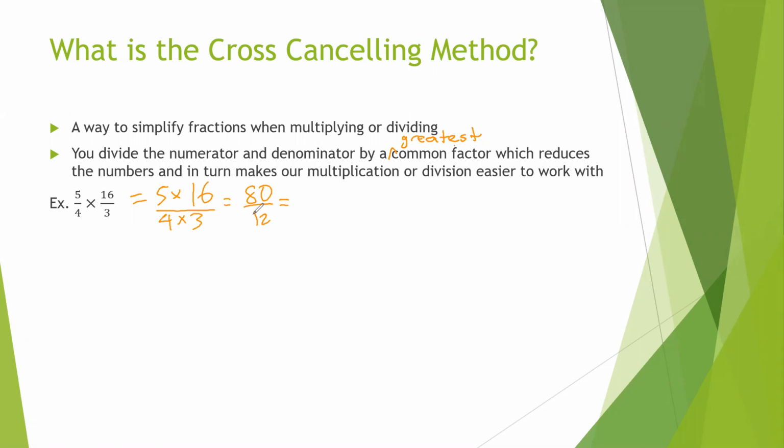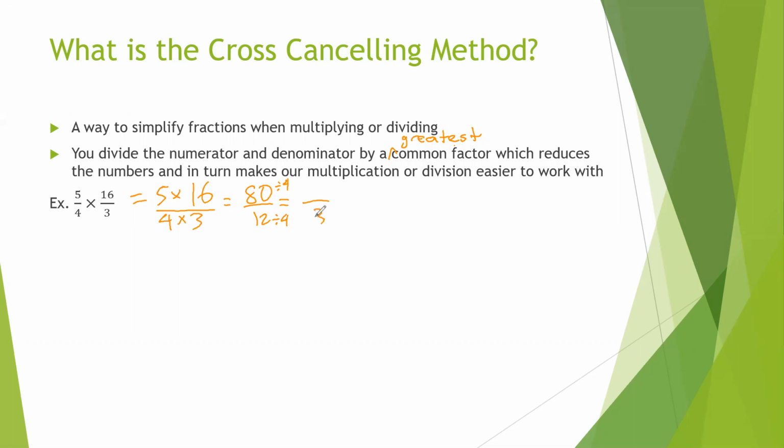Now, in this question, you're probably wondering, well, why would I want an easier method? This is already pretty easy. But the reason I'm showing you this example is just how it works, but you are going to see some examples where it is very helpful to do cross cancellation, right? So if I'm looking at this fraction, I still have to simplify it. So in order to simplify this, I would try my best to find a common factor or a number I can divide both of them by. Just looking at this really briefly, I think I can divide both of them by 4.